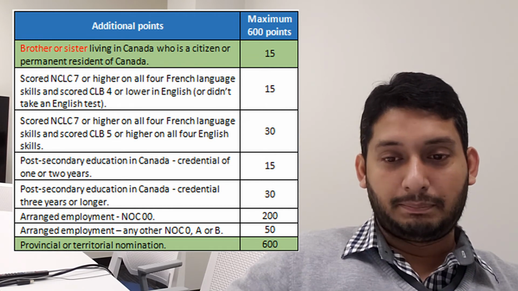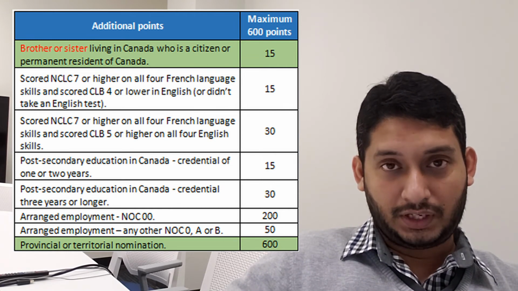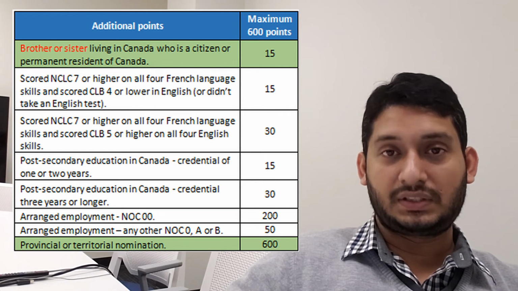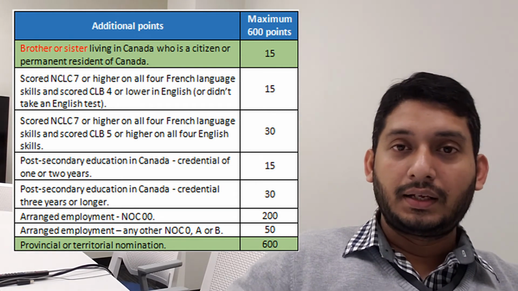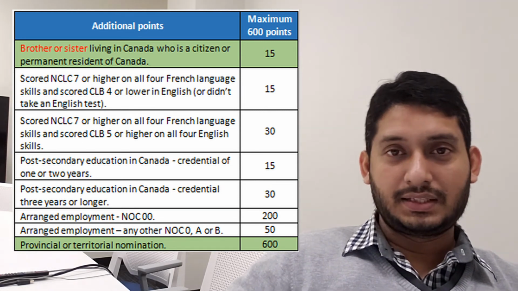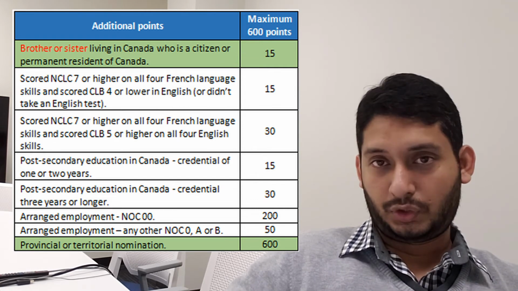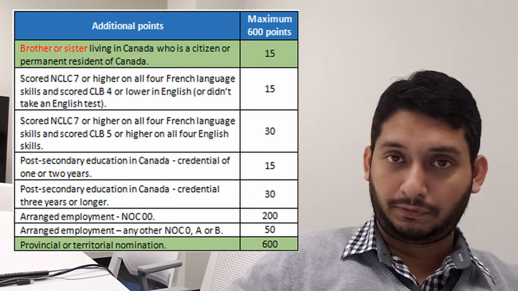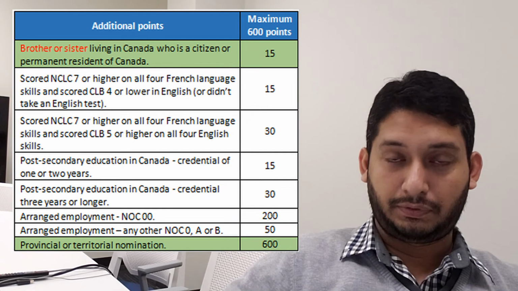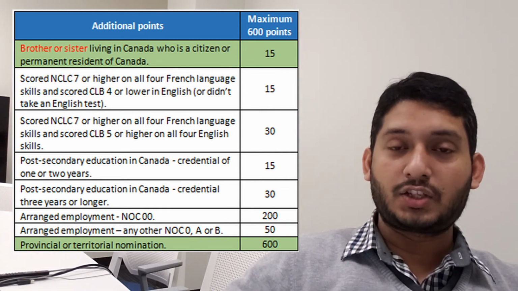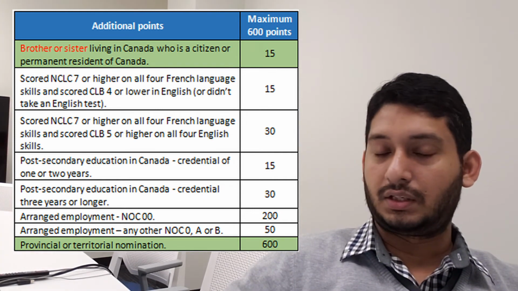One thing about the first row, the brother or sister: do not think that if you have an aunt, nephew, or niece in Canada, you can claim some points. That is applicable for the 6 selection factors, not for the CRS. For the CRS points, it has to be only a brother or sister, no other option.